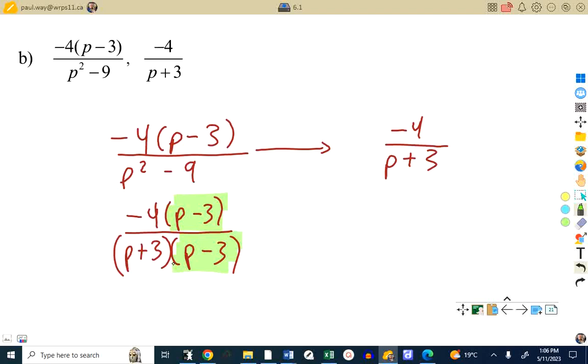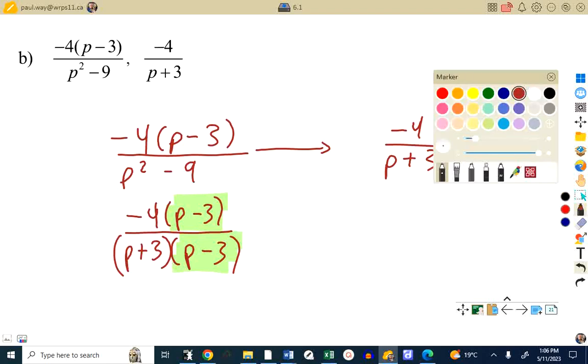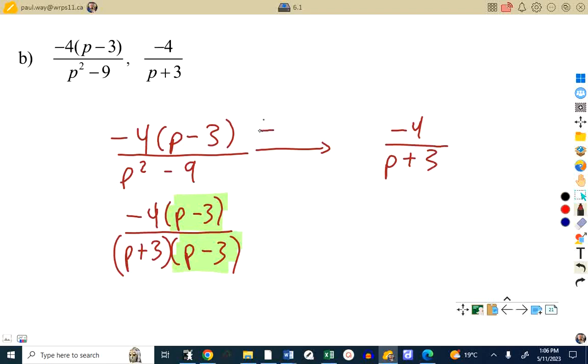And that's what you're used to saying. The actual operation when you cancel is we divided the top and the bottom by the p minus 3. And I'm using this as part of an example in the early part of this lesson to highlight to you what you are allowed to cancel: factors. You can only cancel things that are factors.